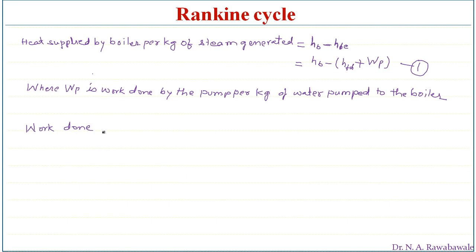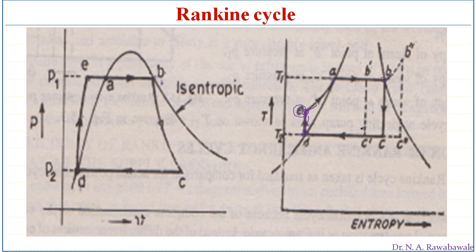Work done per kg of steam in a prime mover or in a turbine is equal to the work done in the prime mover from point B to C. So steam is expanded from point B to C. If we know the enthalpy at point B and the enthalpy at point C, then the work done is calculated as the difference of HB minus HC.